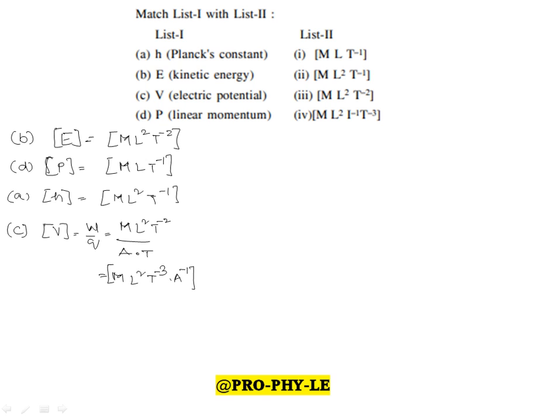So first look at A, Planck's constant, M L square T power of minus 1, so that this is A. And then look at B, M L square T power of minus 2, so that this will be B. And next look at C, that is electric potential, M L square T power of minus 3 I power of minus 1, so that this will be electric potential. And linear momentum, of course, this will be our linear momentum. That is how you can identify dimensional formulas for different physical quantities, and you can match them.